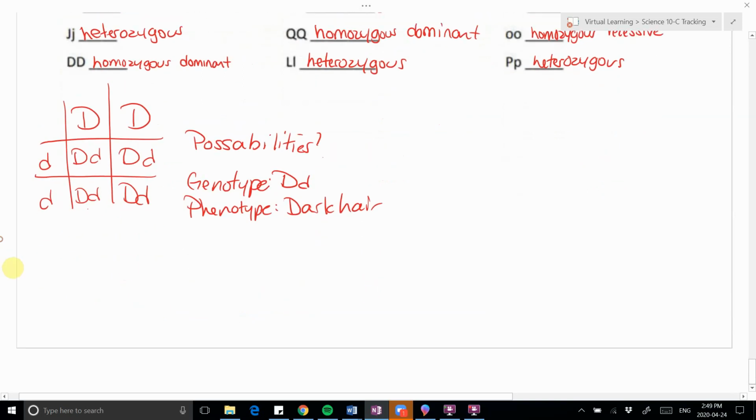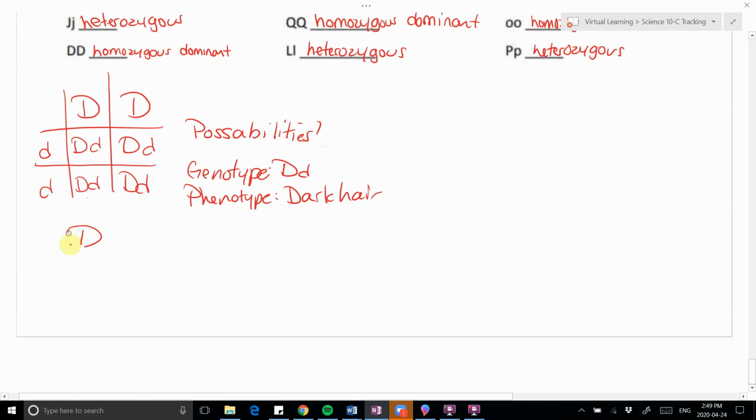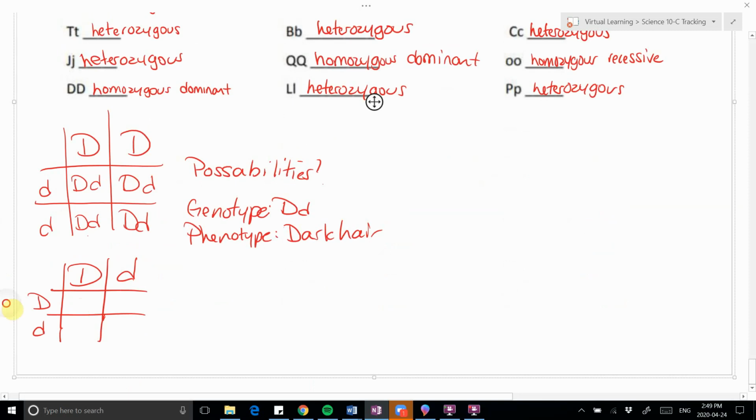Whereas if instead we had two heterozygous people, so we had someone with a capital D and a lowercase d crossing with a capital D and a lowercase d, what are their possibilities? Well, we can inherit these, right? I'm just tracking one from the top, one from the side.